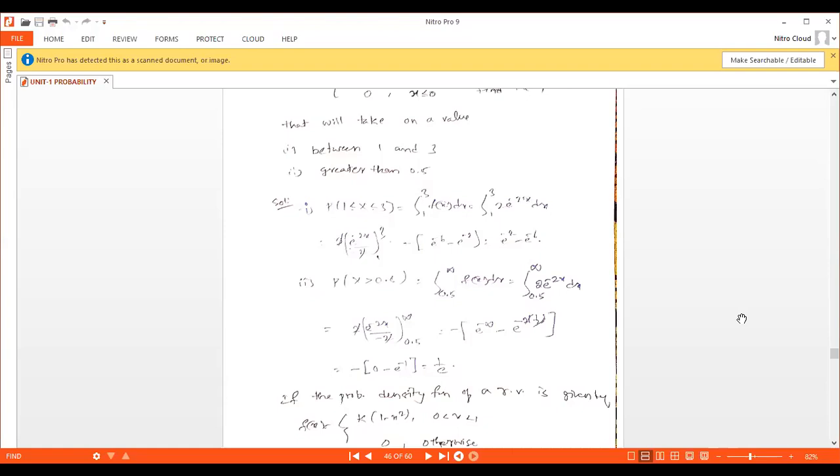Next one, probability of x greater than 0.5. So that is integration 0.5 to infinity f of x dx. So integrate the functional value and substitute upper limit minus lower limit.